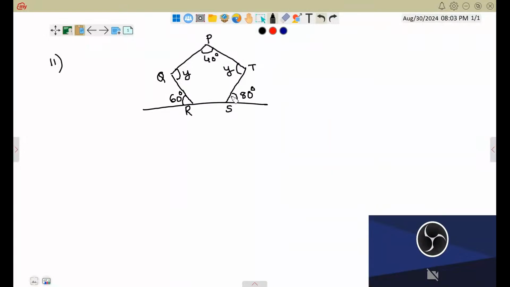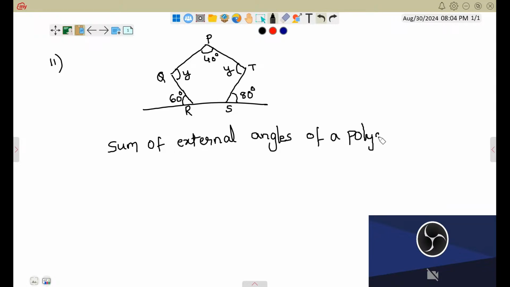We already know that the sum of the external angles of a polygon is 360 degrees.